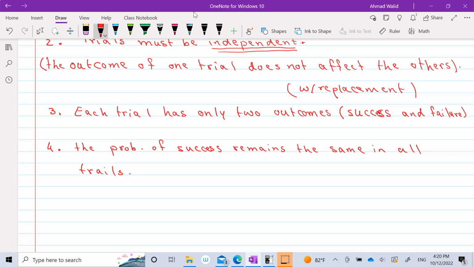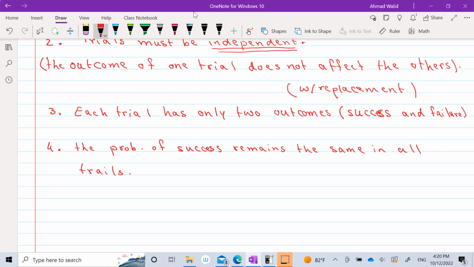For example, when you flip a coin, the probability of success is 50%. The probability of failure is 50% because you have only two sides. You get a head or you get a tail. It's 50-50. If you flip that coin 10 times, you cannot say, oh, I'm changing the probability of success from 0.5 to 0.7.